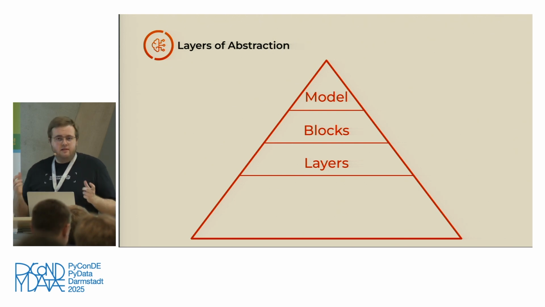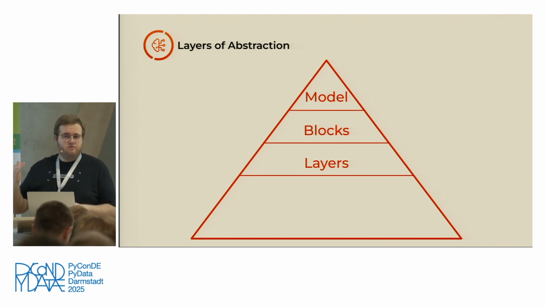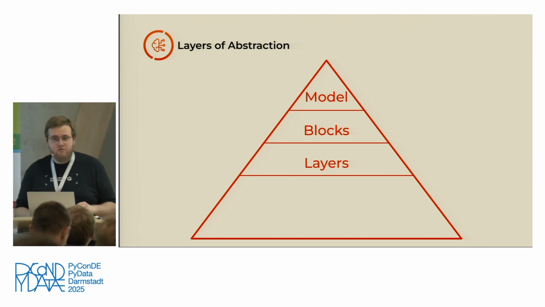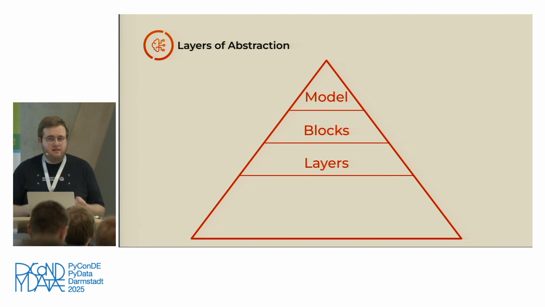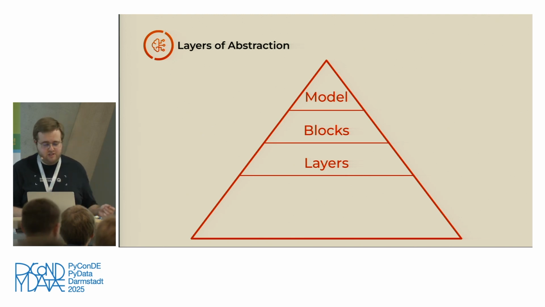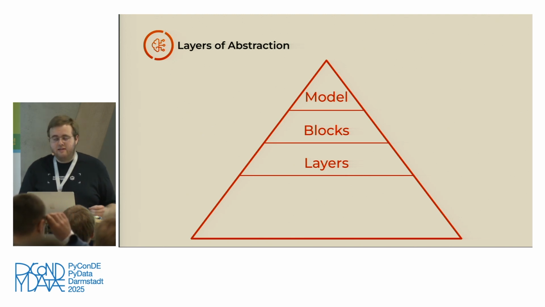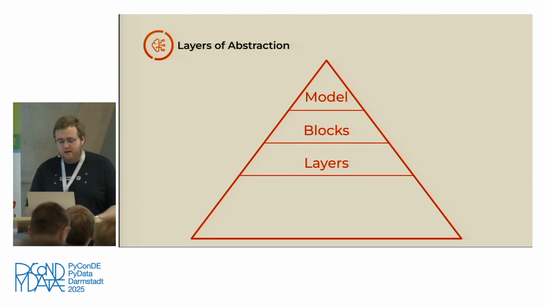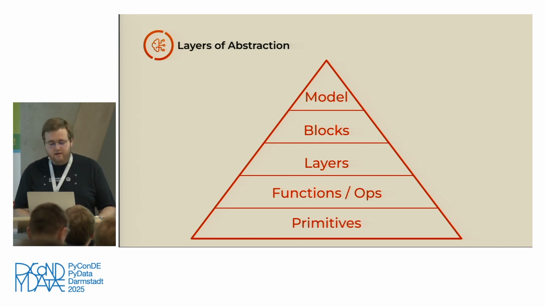However, this layer of abstraction is not really sufficient for our needs. It's a bit too high. Why? Because we want to use our framework to also define arbitrary custom layers and obtain the automatic differentiation for those layers. Therefore, we need to go a bit deeper and define two additional layers of abstractions.